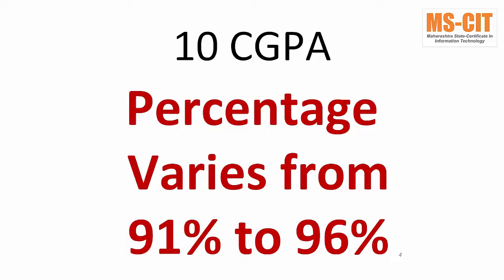Every student's target is to secure 10 CGPA. How does the board calculate that CGPA? You need not bother about it, the board will take care of that. But 10 CGPA doesn't mean your score is 100%.